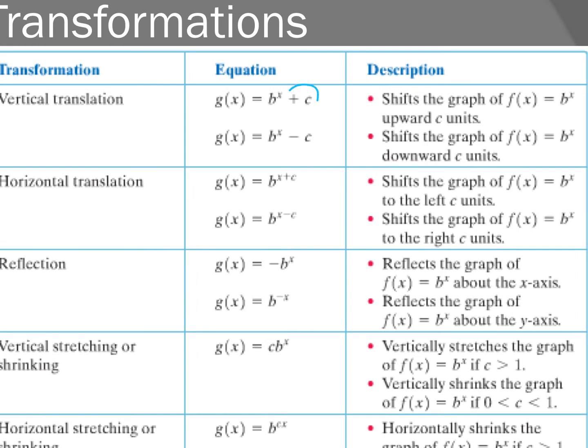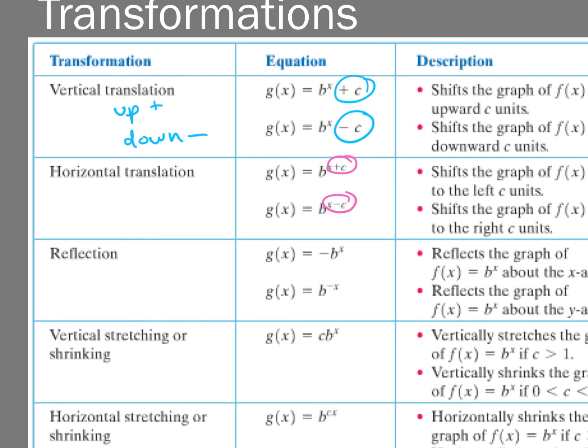When we are adding to the outside, so I'm adding something at the end of my function, that is a vertical translation. So that would move my graph up if I'm adding, or down if I'm subtracting. If I'm adding something directly to the x or subtracting directly to the x, that's a horizontal translation, so that would be to the left or right.